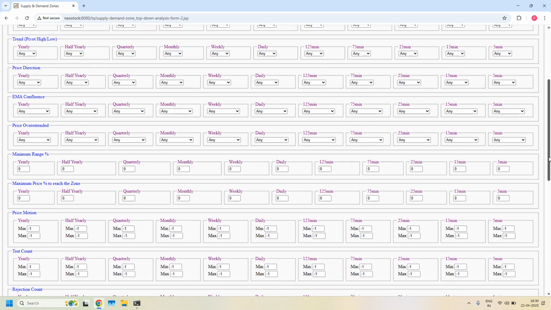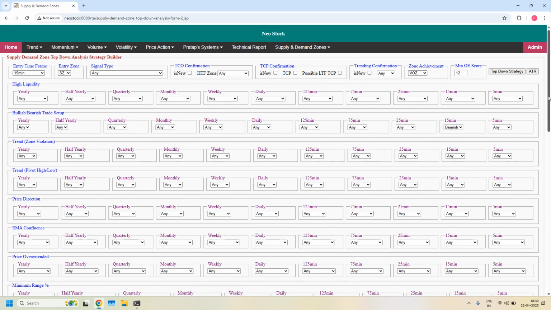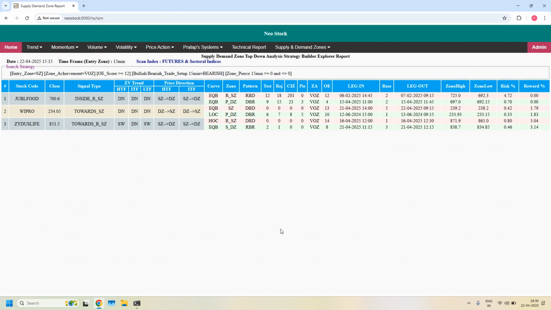So in the pierced count parameter, at the 15 minutes time frame, minimum value 0, maximum value 0. With these filters, we got 3 stocks. So these 3 15 minute supply zones are supporting the bearish trade setup for daily income trade.